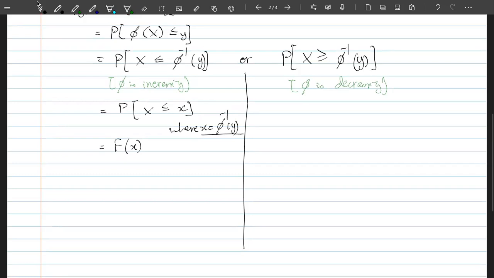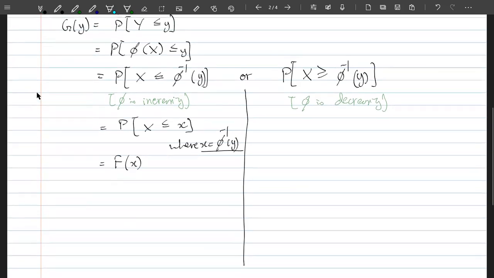So what we got is G of y is equal to F of x. So now the PDF is obtained by differentiating this. So the PDF of Y is g of y, which is, remember, differentiation of the CDF with respect to y.